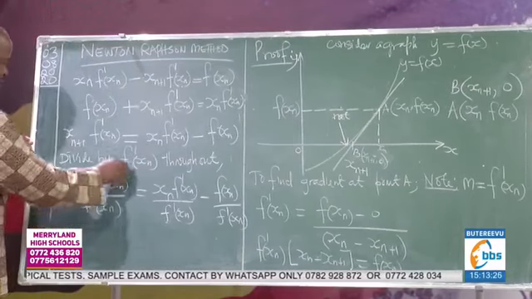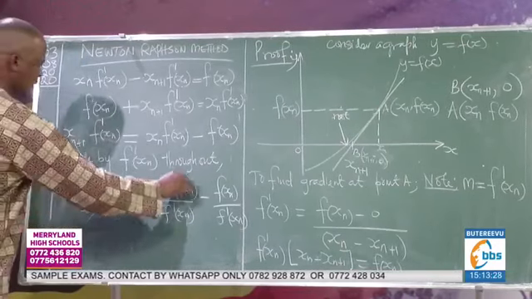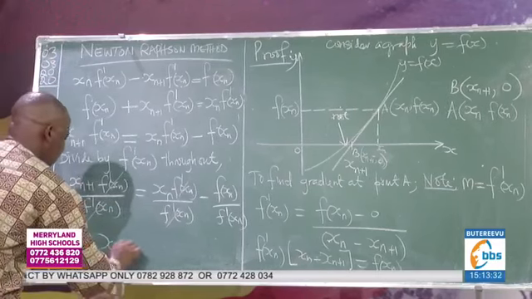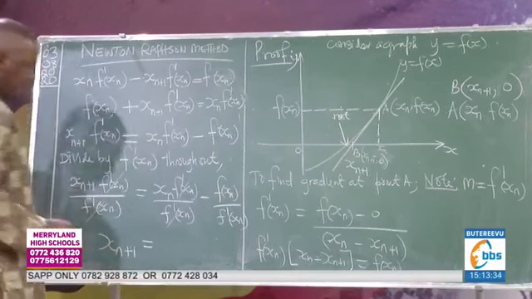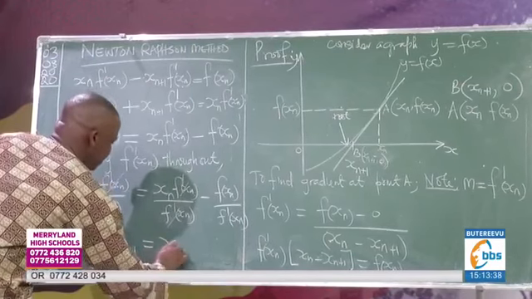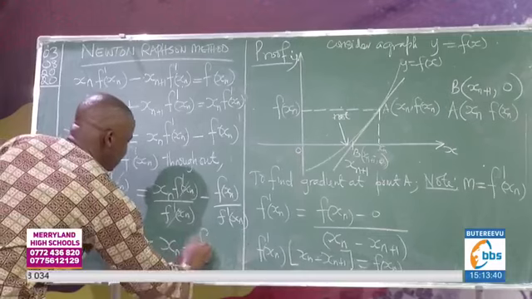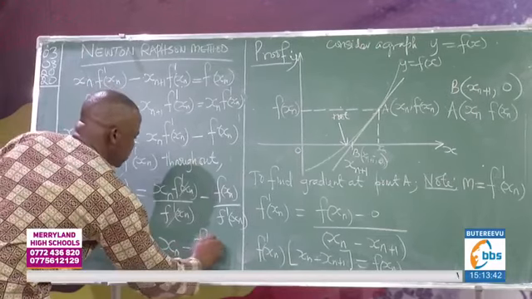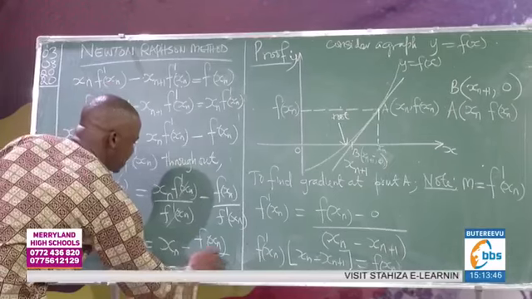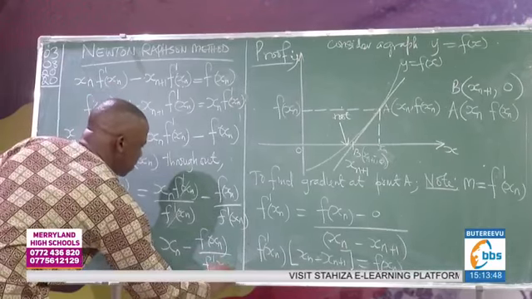Clearly, this will cancel out, and that will cancel out, and our x_{n+1}, as earlier obtained, the better approximation to the first approximation is given as x_n minus the function itself over the first derivative of x_n.